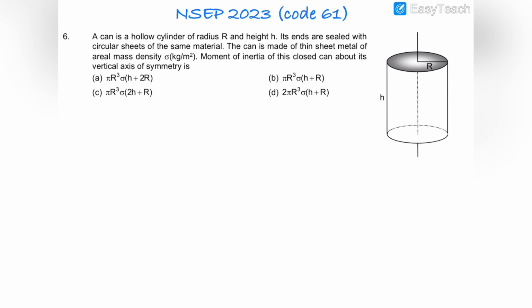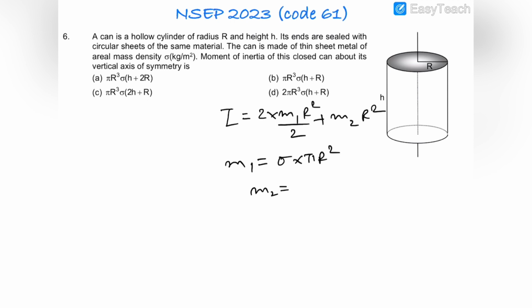So we know that the moment of inertia would be the sum of the moment of inertia of these 2 discs, which would be twice of m1 R square by 2, as well as the moment of inertia of the hollow cylinder, which is m2 R square. Now the value of m1 is equal to sigma into pi R square, and the value of m2 is equal to 2 pi R h into sigma.